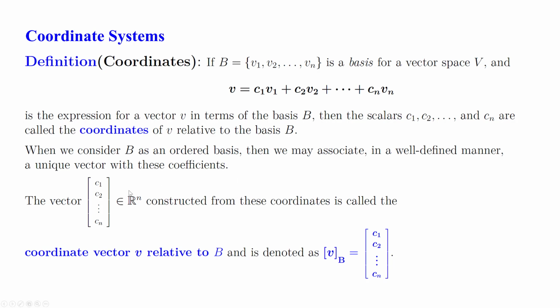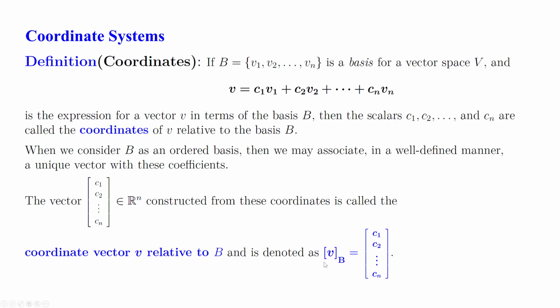And once we do that, in essence, we construct a column vector in Rn that's associated with those weights. In fact, we will go further and say that this column vector is the coordinate vector of that vector V relative to this ordered basis.